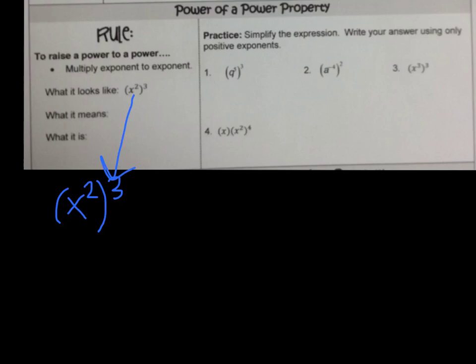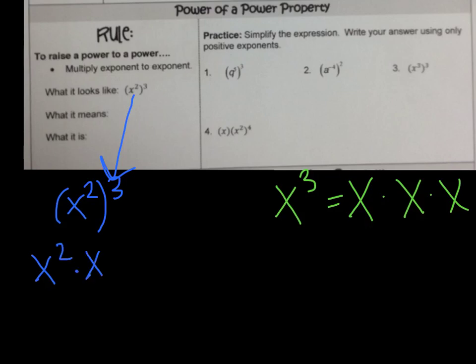Well, let's say this was just x cubed. That would mean x times x times x. Well, we have x squared cubed, and so that means x squared times x squared times x squared.